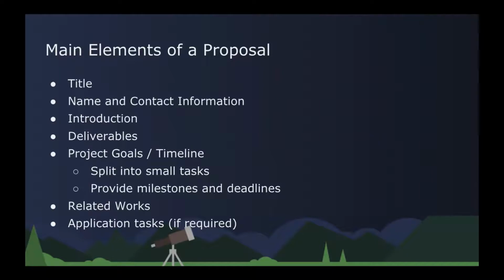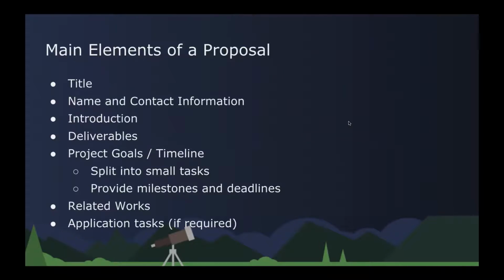And these are the main things generally covered in proposals. The title, which should say what you are going to do in that project, and the name and contact information. Those are the basic things.